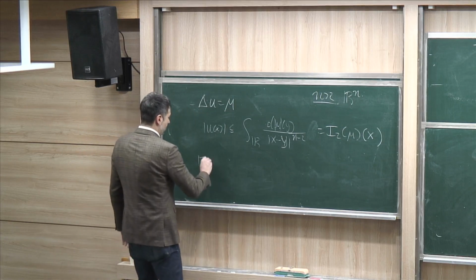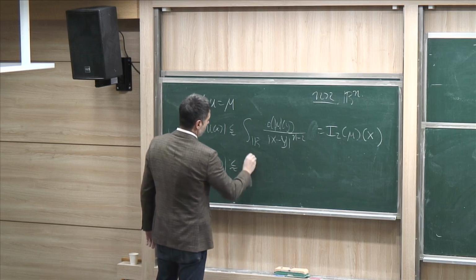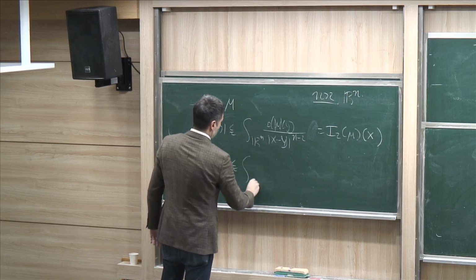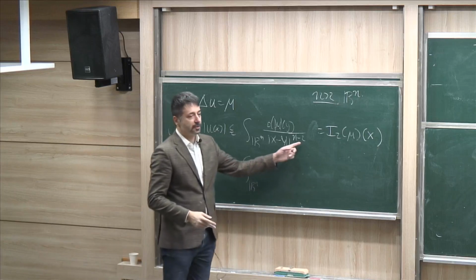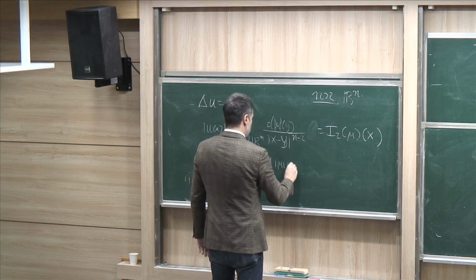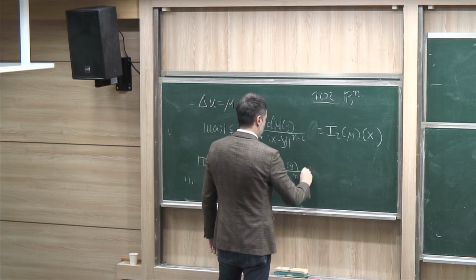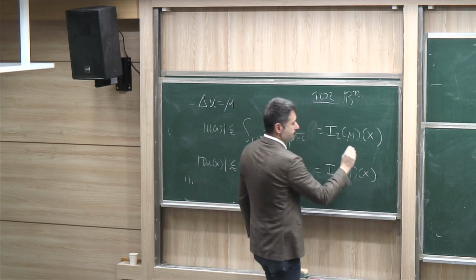While for the gradient, after differentiating under the sign of integral, you get a similar estimate. But of course, since the gradient is a higher order object, you get a less regularizing kernel. And this is I_1 μ of x.